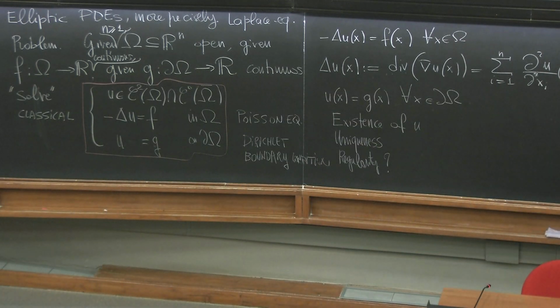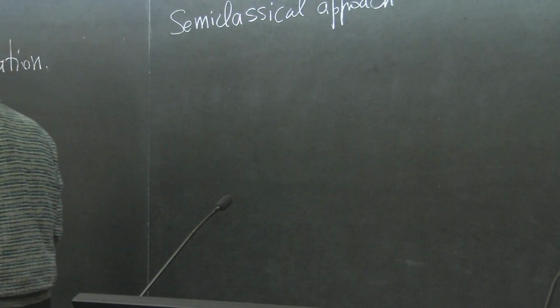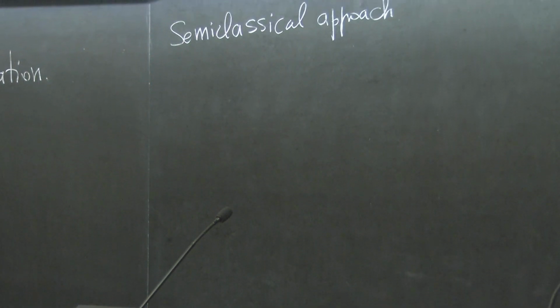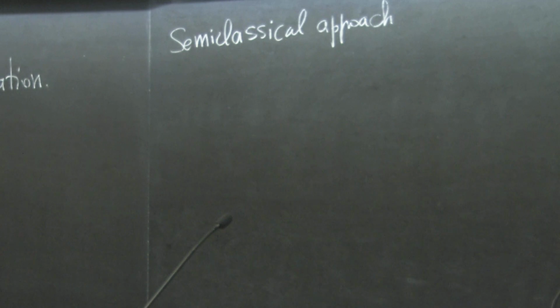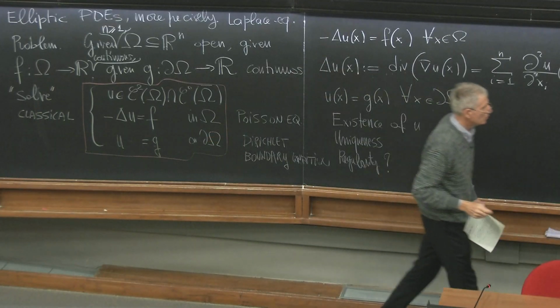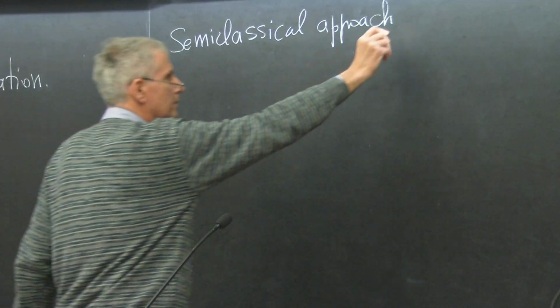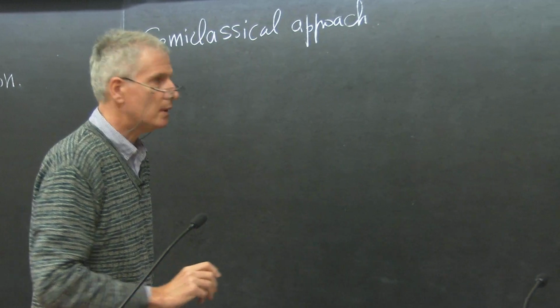They are not equivalent. The semi-classical approach is interesting because it gives immediately a connection between this PDE and a minimization problem in the calculus of variations. Let me explain what I mean with this.